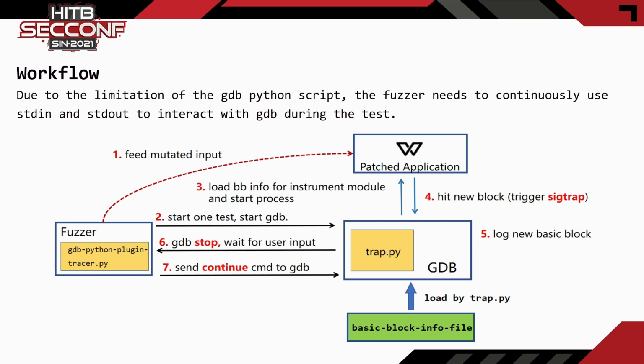It will enter the callback function registered in trap.py. The function will record the PC value at this time and then restore the original instruction at that position. Due to the limitation of the GDB plugin, the process will be suspended and GDB will wait for user input. Then the Fuzzer process sends the continue command to the stdin of GDB. It lets the target process continue execution.